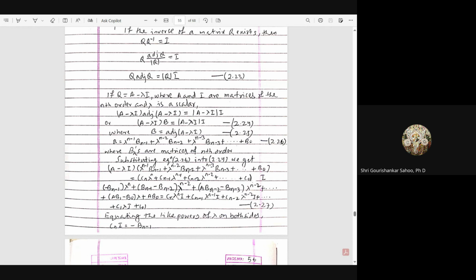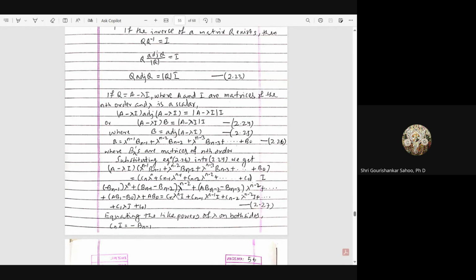So B can be written as lambda to the power n minus 1 Bn minus 1 plus lambda to the power n minus 2 Bn minus 2, so on and so forth, plus B0. So by substituting these two in equation 2.24, that is, A minus lambda I into B is equal to determinant of A minus lambda I, you have A minus lambda I multiplied by lambda to the power n minus 1 Bn minus 1 plus lambda to the power n minus 2 Bn minus 2, so on and so forth, plus B0.